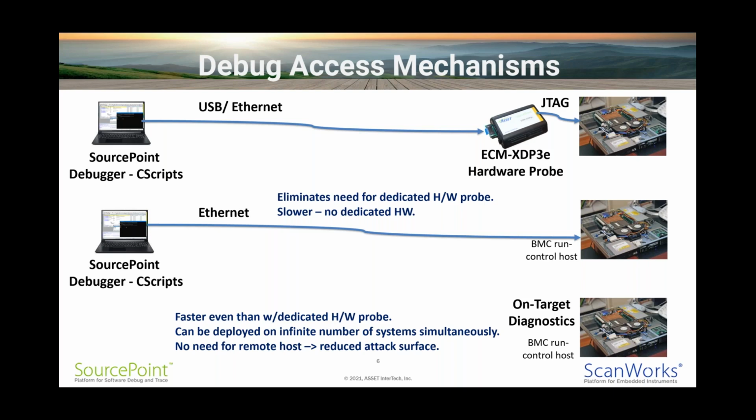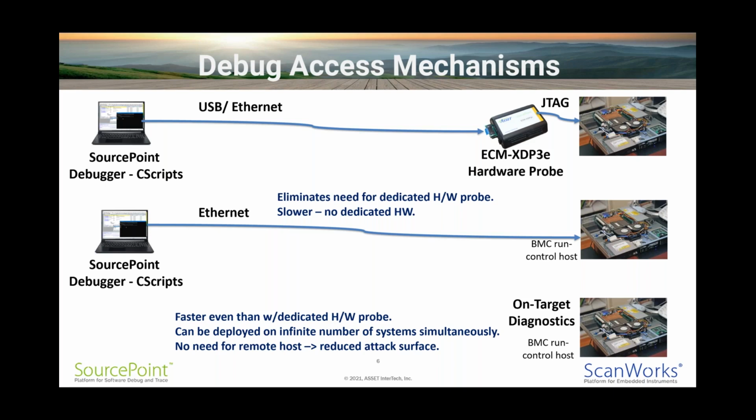It's truly at scale, unlike the first two topologies above, and also more secure. You're eliminating the need for the remote host and cutting out the Ethernet connections, so those potential attack surfaces are mitigated in this approach.